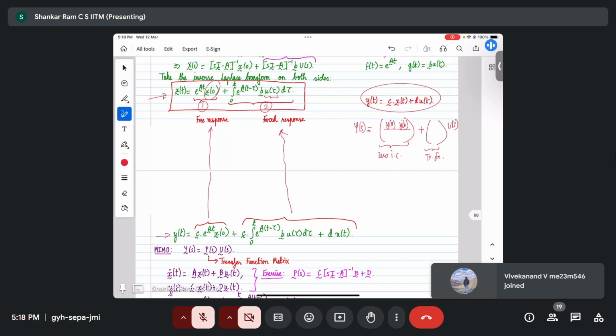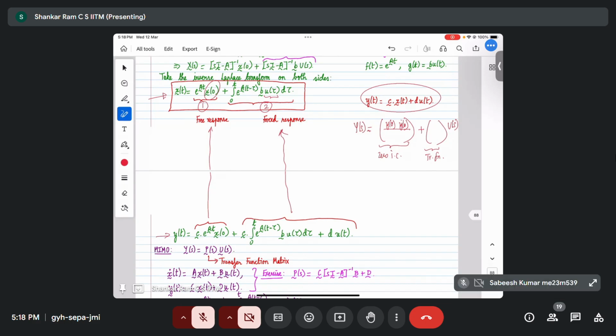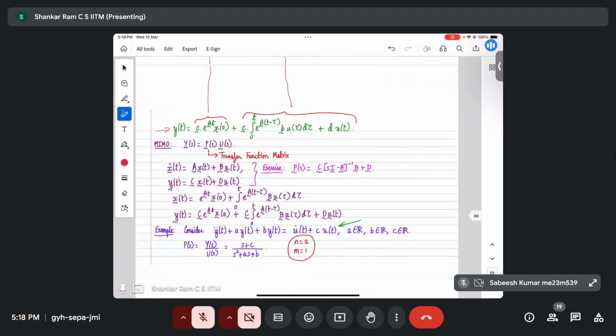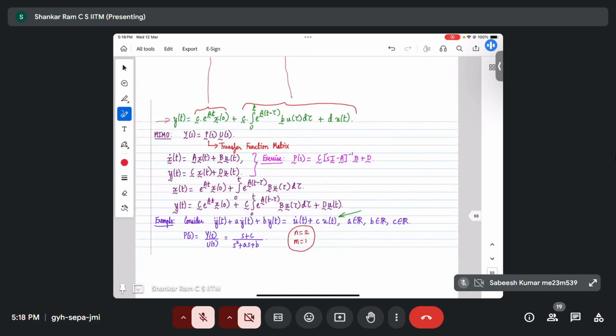Okay, so essentially, the state space representation, when we solve the state equation, we are going to get these two terms, and that is true even with MIMO systems. Okay, so I've just shared it here. All right.